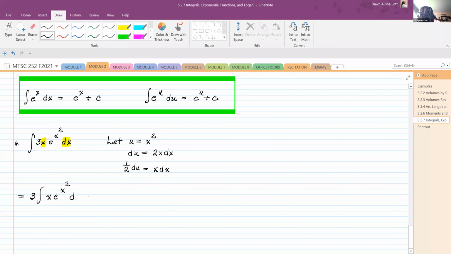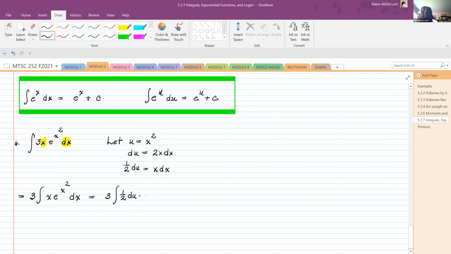You want to go ahead and finish it? Okay, so then you had 3 times half, which would just give you... Where'd the half come from? You have x dx in the equation. So then we have x dx equals half times du. Okay. And then what do we have?